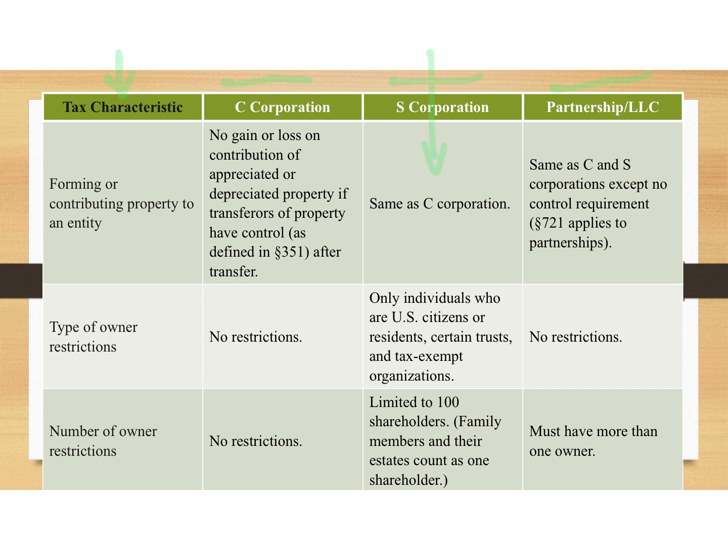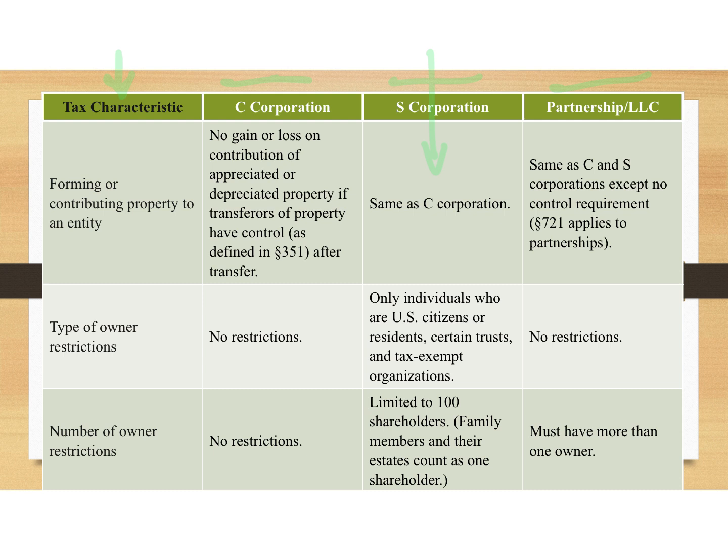Typically, there's no gain or loss on contribution of appreciated or depreciated property if, when you transfer the property, you end up having control, and that's the same way control is defined for C corporations.